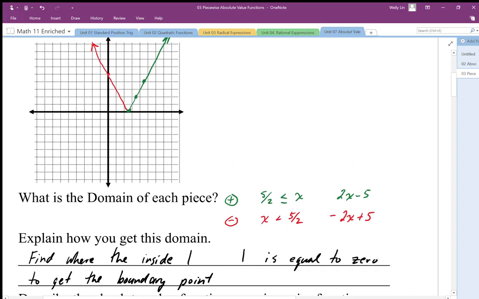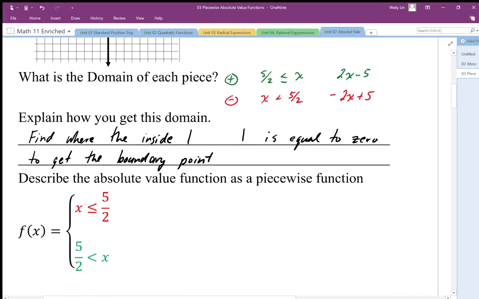So we need to then describe this as a piecewise function. Oh, I've got this backwards here, but where x is less than or equal to 5 over 2. Maybe I'll just make this consistent here. Where x is less than or equal to 5 over 2, the equation is equal to negative 2x plus 5.